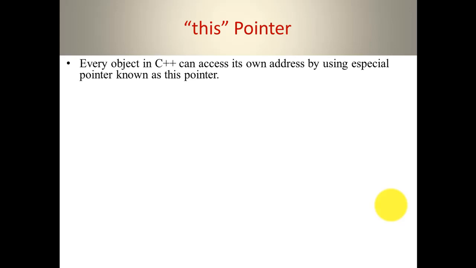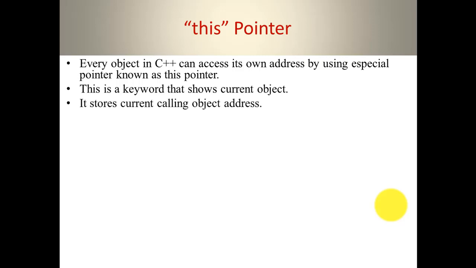Every object in C++ can access its own address, its object address in the memory, by using a special pointer that is known as this pointer. This is basically a keyword that shows the current object, that depicts the current object location.